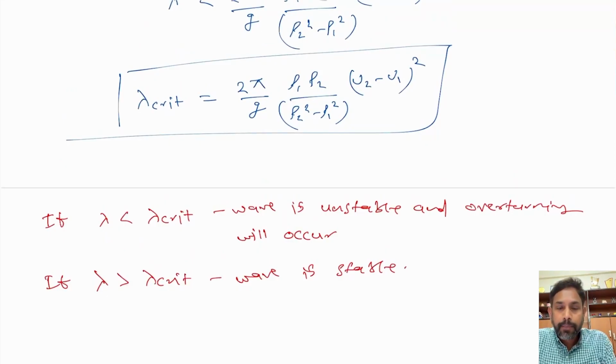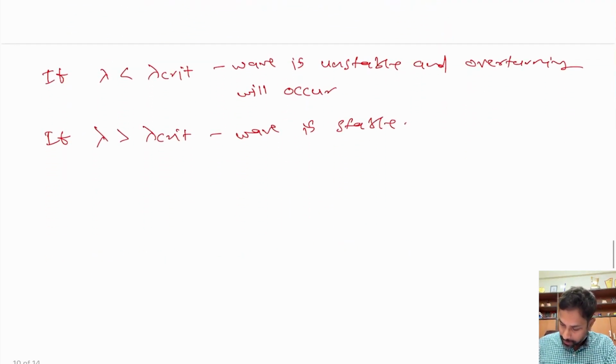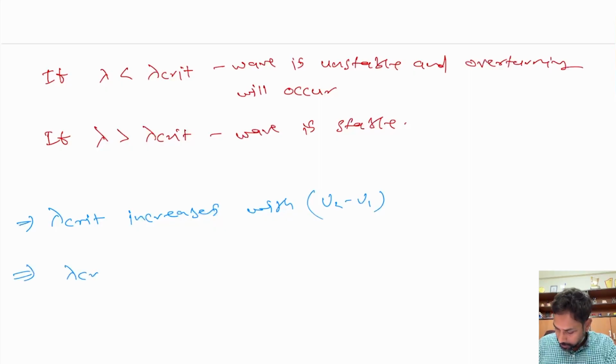So you can see that lambda critical depends on u2 minus u1 and rho 2 minus rho 1. What it actually means is lambda critical increases with u2 minus u1, and lambda critical decreases with rho 2 minus rho 1.